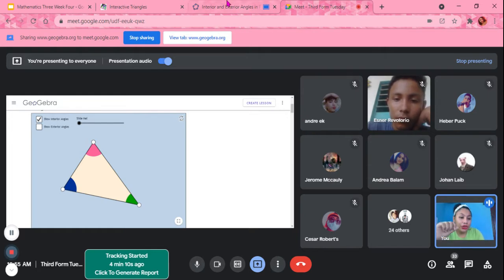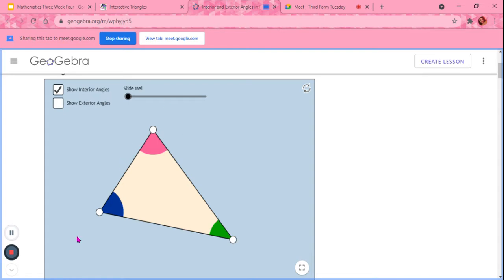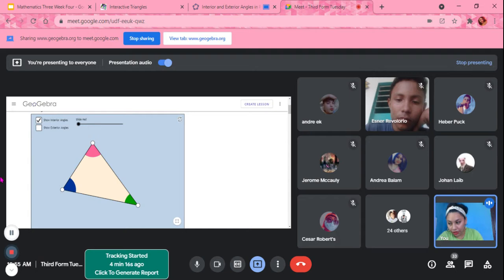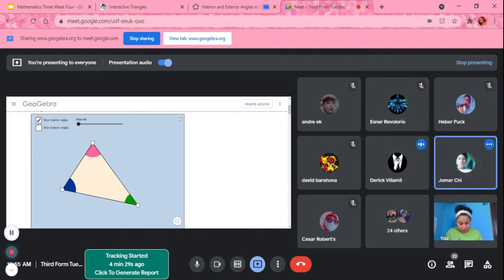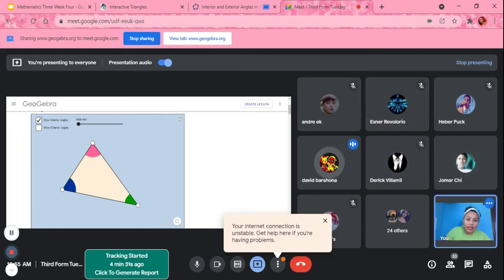The first theorem stated that three angles in a triangle have to add up to how many degrees? 180.